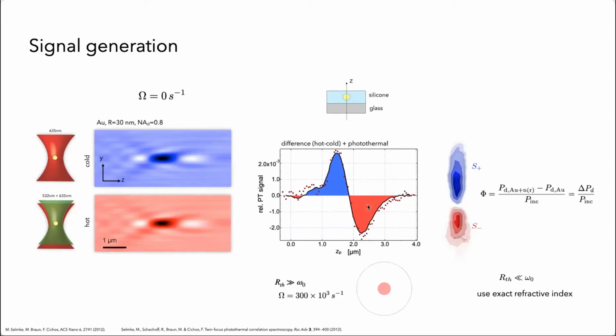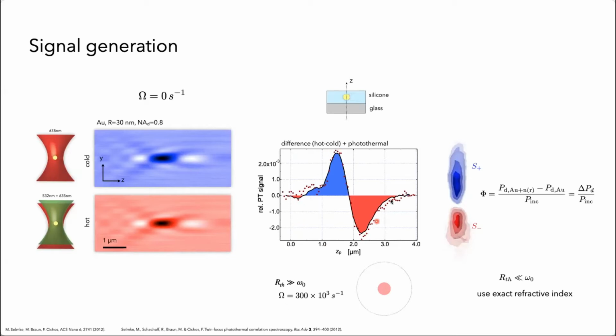So overall, your focal volume is not just a single blob, it's composed in general of two blobs, which can change in size. The question is what that depends on and how you can adjust it. In addition, the dots are the difference between these two channels, which is the modulated photothermal signal with a frequency of 300,000 inverse seconds.